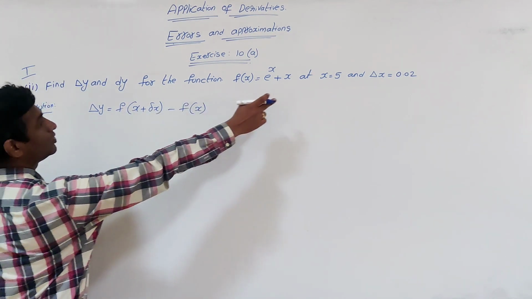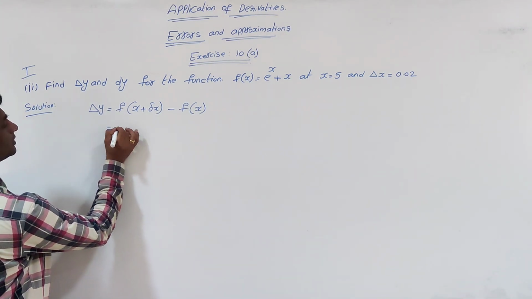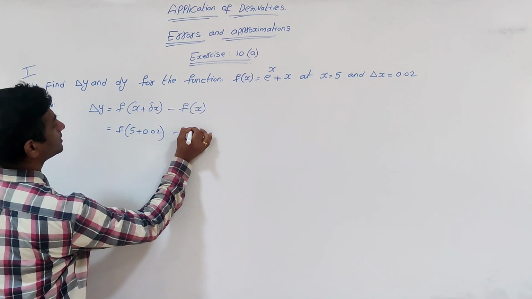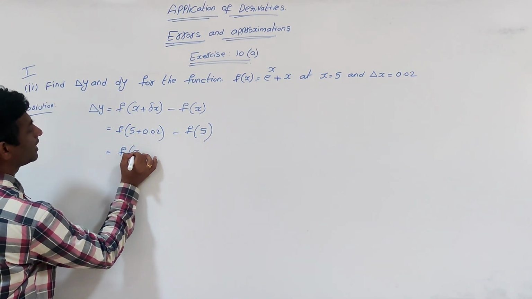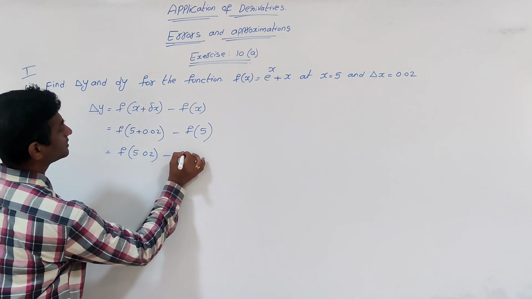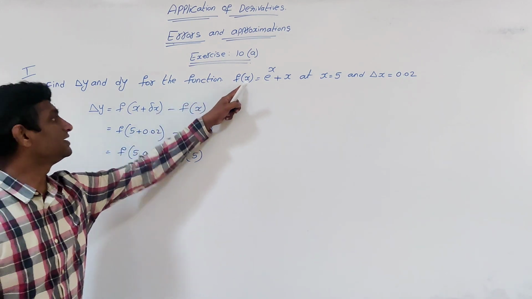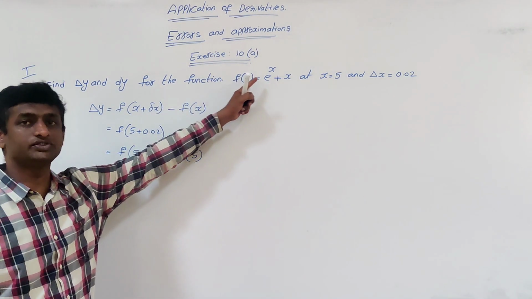So at x is equal to 5 and delta x is 0.02. F of 5 plus 0.02 minus f of 5. F of 5.02 minus f of 5. As x in the place of x, now it is 5.02. Now substitute the 5.02 in the function.